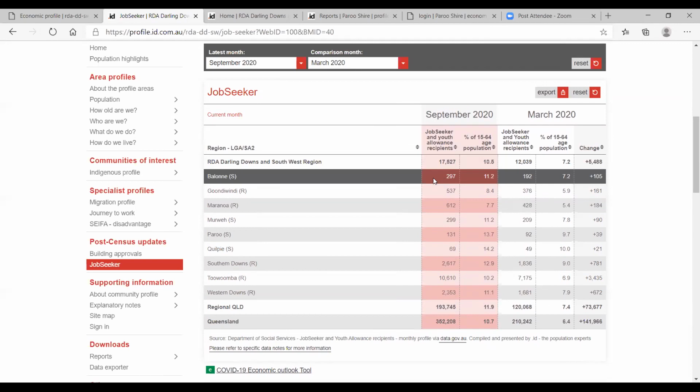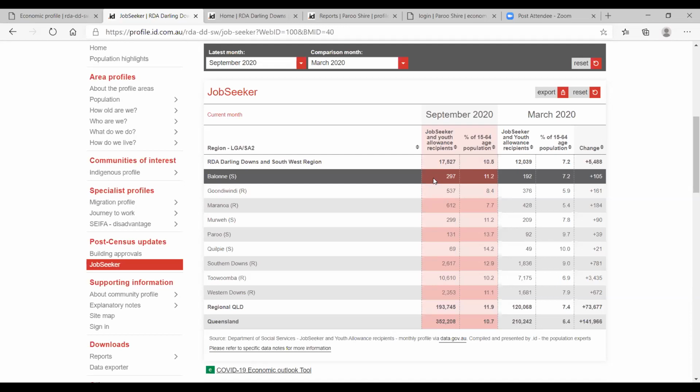So it's worth keeping an eye on that, because soon we're going to get those October 2020 figures. That's going to be really important for you guys when you're putting forward your applications for grants. When the next round of BBRF comes out, this may be part of the story to say, we may not have people on JobKeeper, but we have an increased number of people on job seeker. And that's obviously a concern.